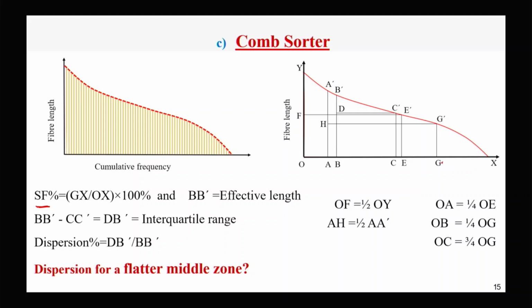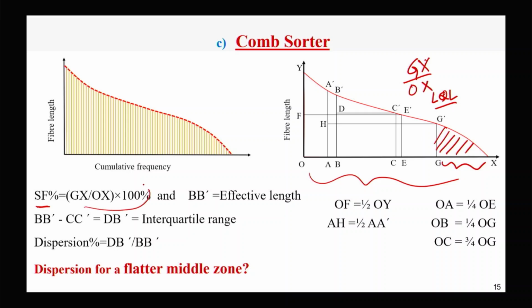It is the number of short fibers which are less than the lower quartile length, based on the total number of fibers, short fiber percent by number.